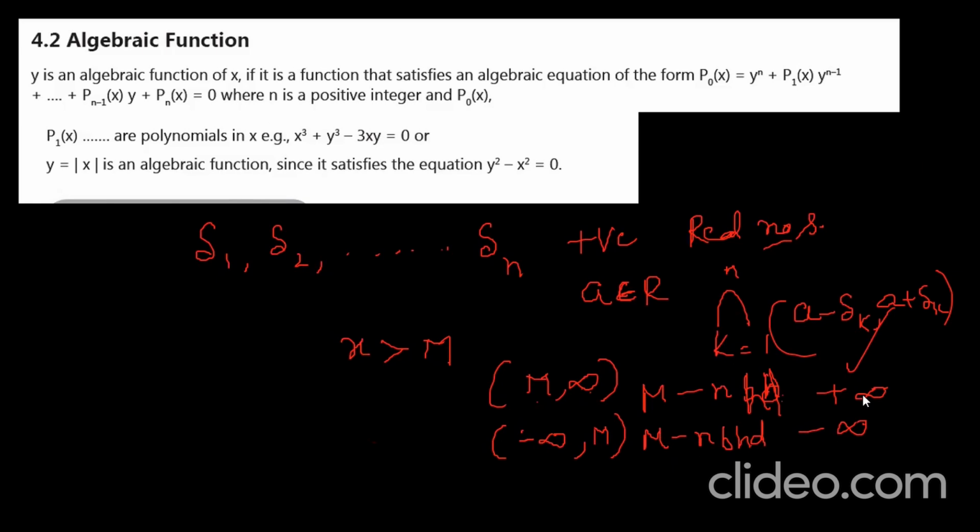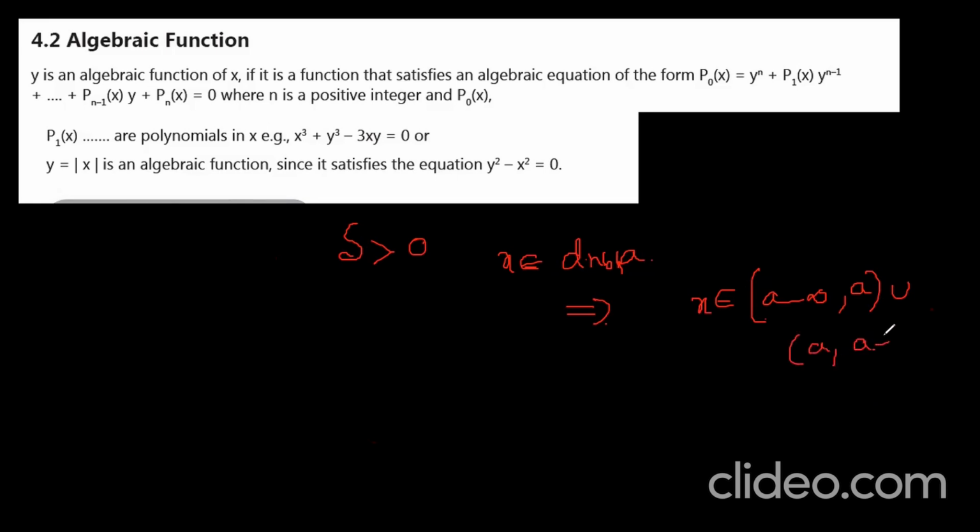So how do you define it? Let me write the important two points. For any delta greater than 0, x belongs to the deleted neighborhood of a. The deleted neighborhood of a can be written as x belongs to (a minus delta, a) union (a, a plus delta).